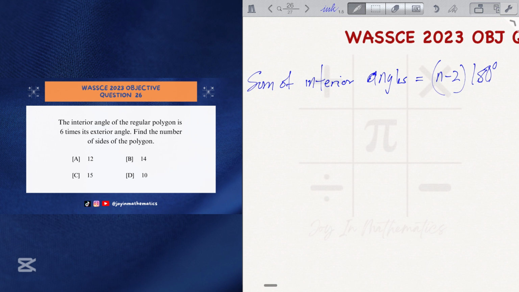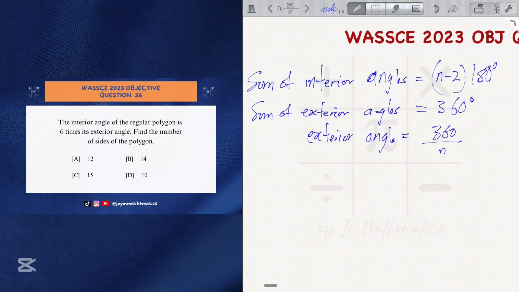Similarly, the sum of exterior angles is 360 degrees, and an exterior angle in itself is 360 divided by the number of sides. And if you make n the subject of the formula, n will be equal to 360 degrees divided by the exterior angle.